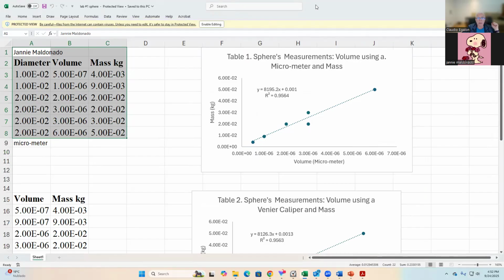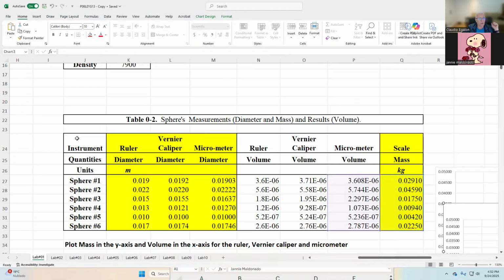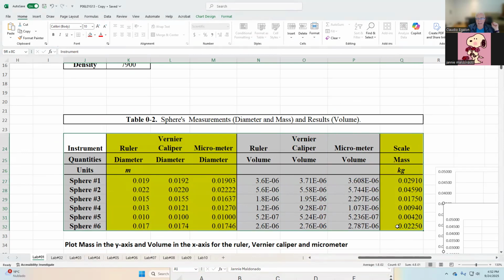Do not add lines. Do not add columns. I have a software that's going to correct that, and for the software to properly correct your spreadsheet, you need to maintain this format.